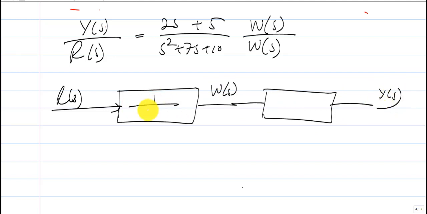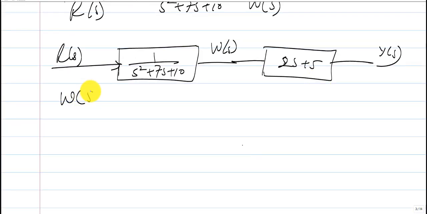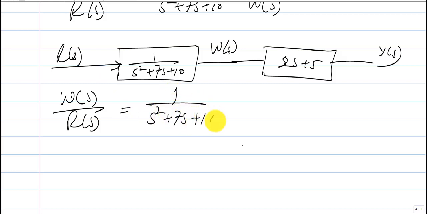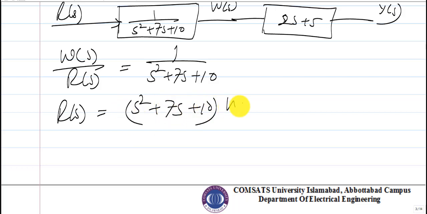That will be 1 over s squared plus 7s plus 10, and then 2s plus 5. So W(s) over R(s) will be 1 over s squared plus 7s plus 10, or we can write it as R(s) is equal to (s squared plus 7s plus 10) times W(s).